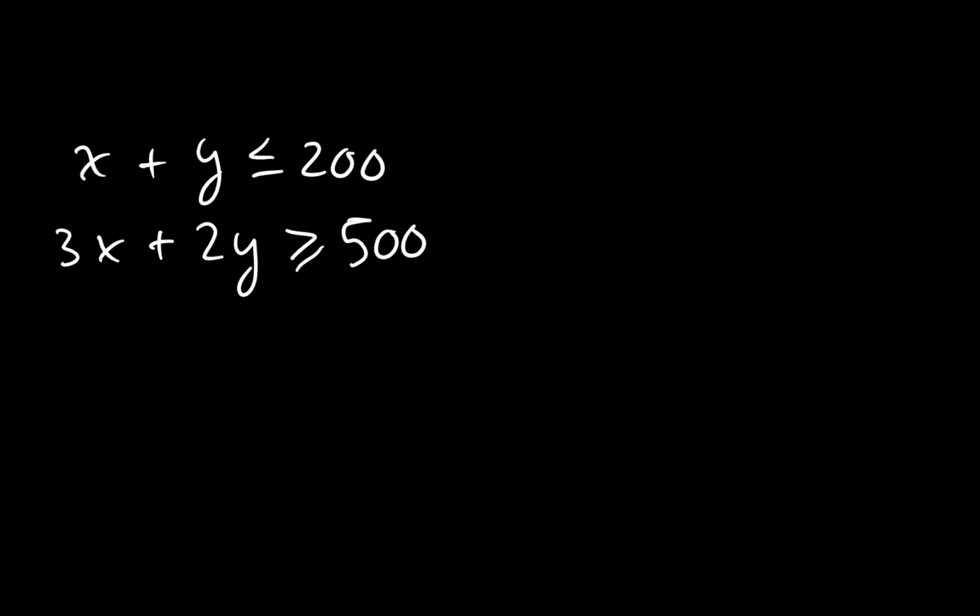But let's say for some reason we had to get y alone in each. So I might rewrite this as my y values have to be less than or equal to negative x plus 200, so I can see my y-intercept and my slope. On this one, I'm going to take this through a couple steps.